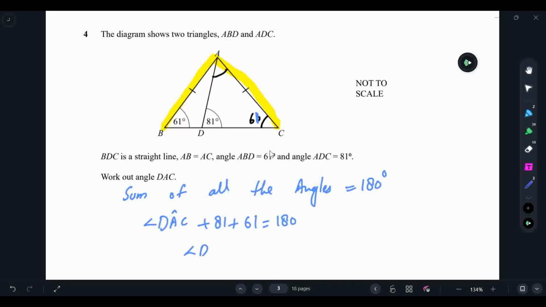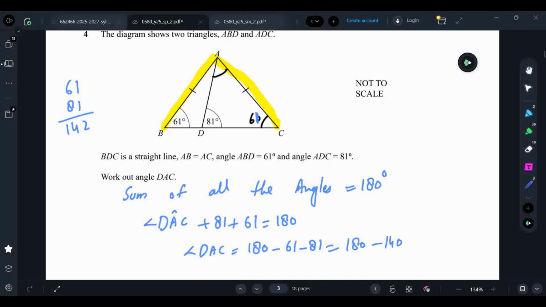And finally, we can say DAC is equal to 180 minus 61 minus 81. So 61 plus 81 will be 142. So 180 minus 142.